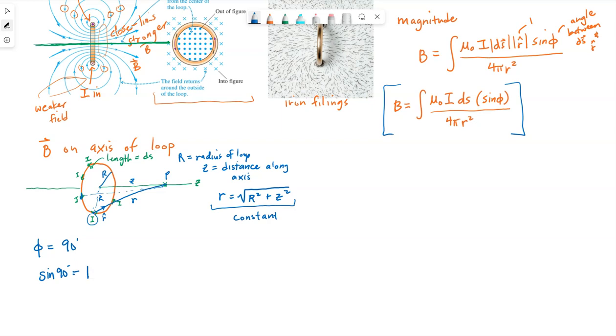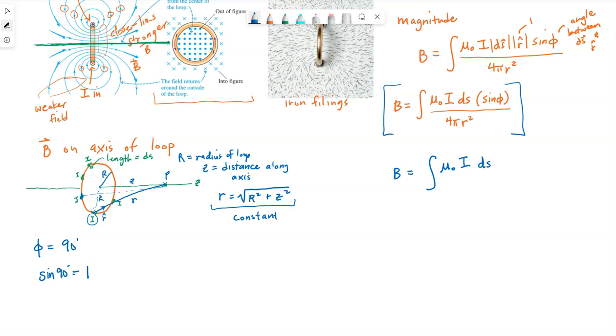So sine of 90 is 1, which means our equation over here for the magnitude specifically, the magnitude of the magnetic field, mu naught is a constant, I is the amount of current flowing through the loop.